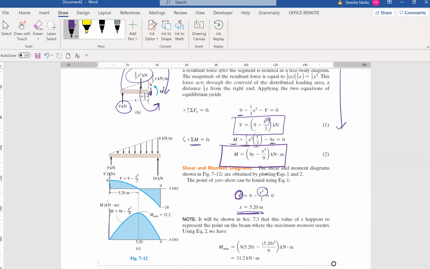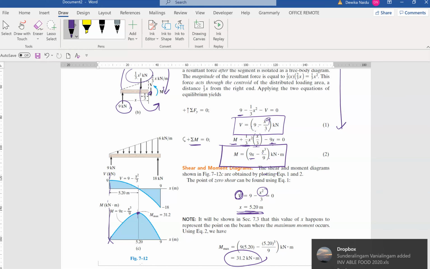At distance 5.2, you can anticipate it's going to be a peak, but we don't know whether positive or negative. So you plug in 0 here and you get 0, and then you plug in 5.2 because we know it's a peak. At 5.2 it is 31.2, so 31.2 will be the maximum because it's a positive value. So you know your graph will rise up here like this.